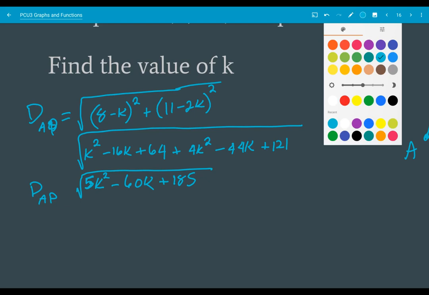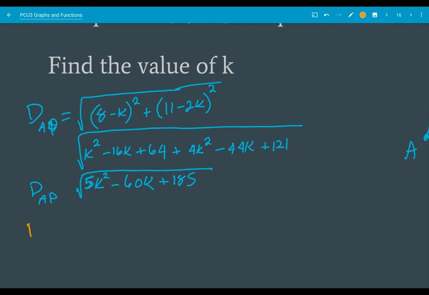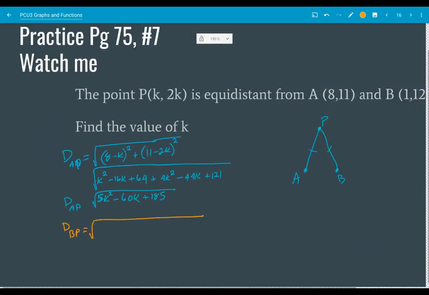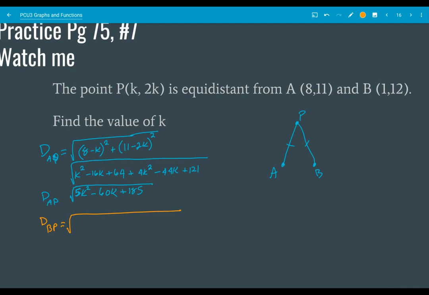Now we look at a different one. We can say that the distance from B to P, zoom out so we can see, is going to be 1 minus k squared plus 12 minus 2k squared.